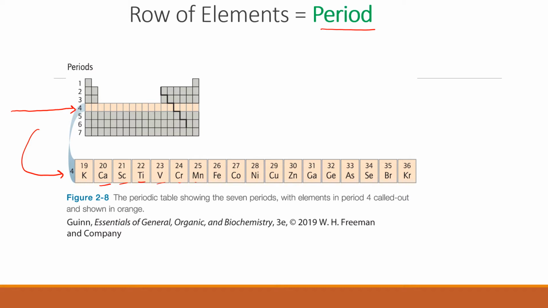The first period contains only two elements, which are hydrogen and helium, and the second and third periods contain eight elements. Recently, the seventh period was completed. The final four elements were discovered in the last few years, and their official names were given in 2016.